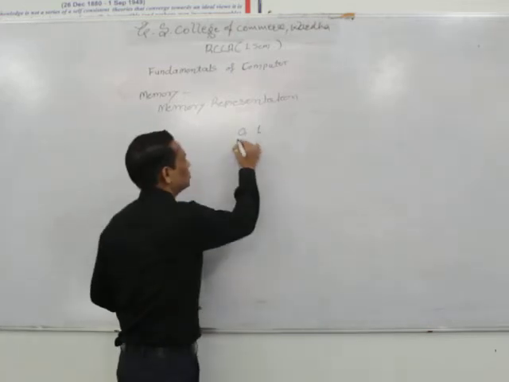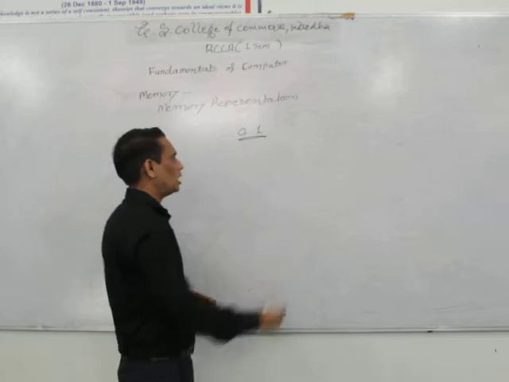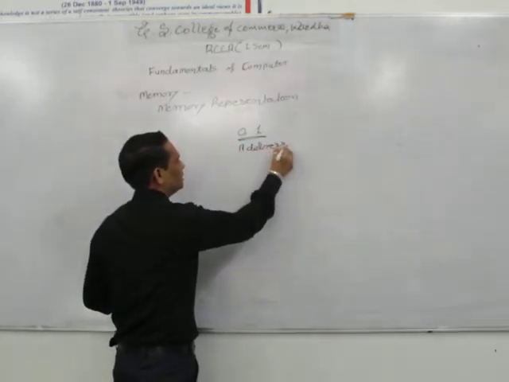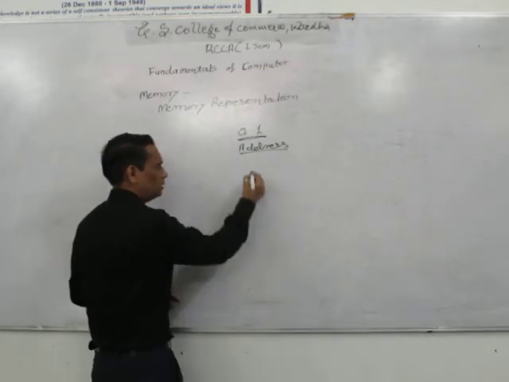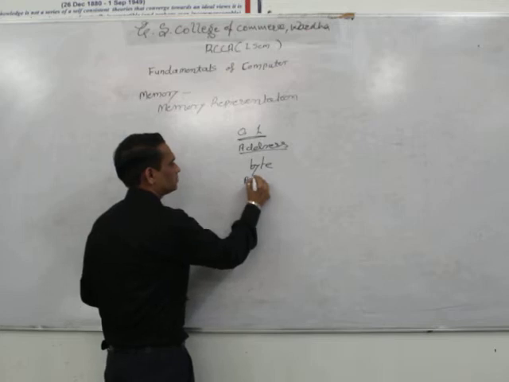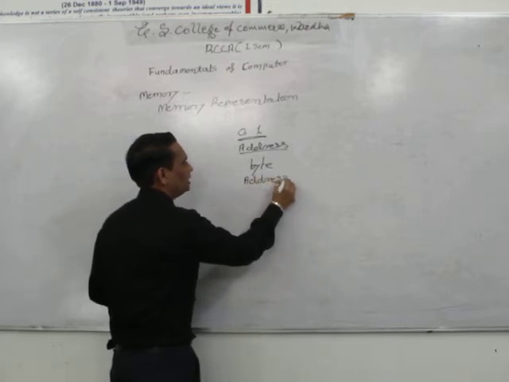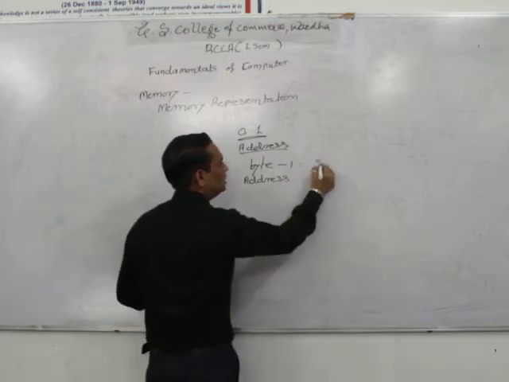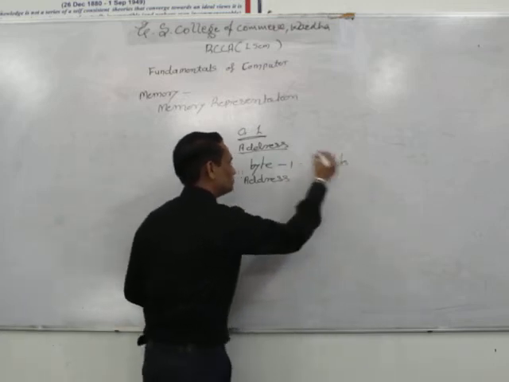These binary numbers are stored on addresses, and those addresses can be identified by byte address, and a 1 byte address contains 8 bits.